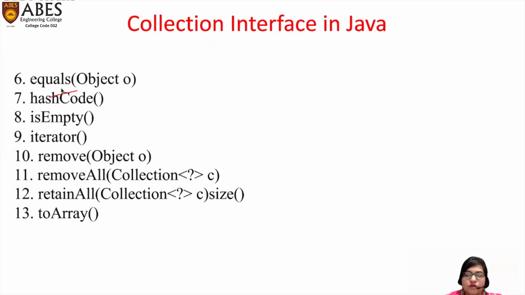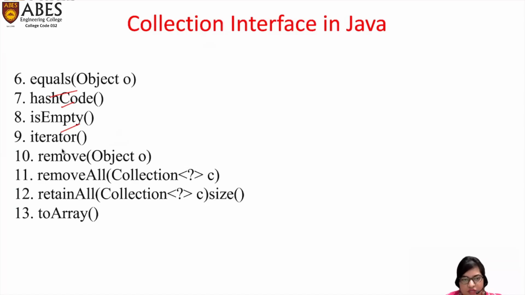The equals method is used to compare the specified object with the collection for equality. Next we have the hashCode method. The hashCode method returns the hash code value for the collection. Next we have the isEmpty method. The isEmpty method returns true if the collection is empty and false if the collection is not empty.